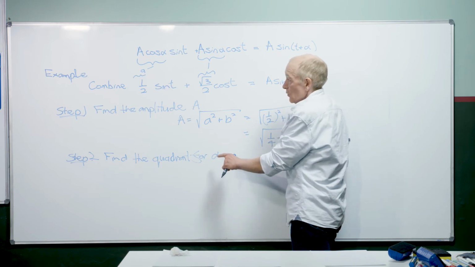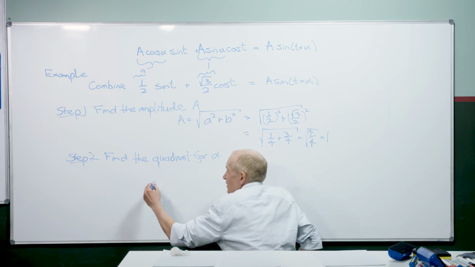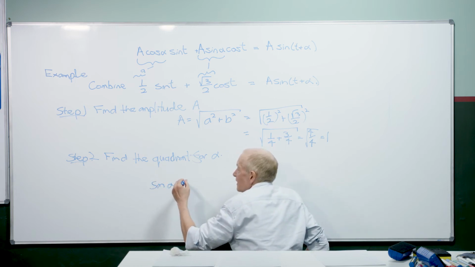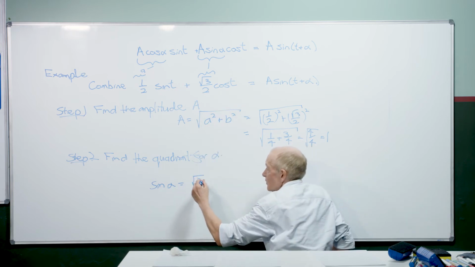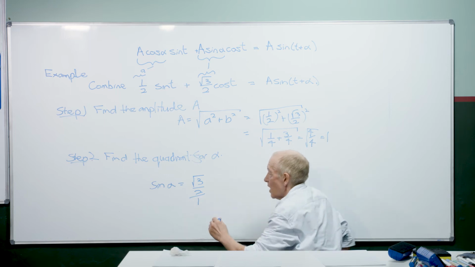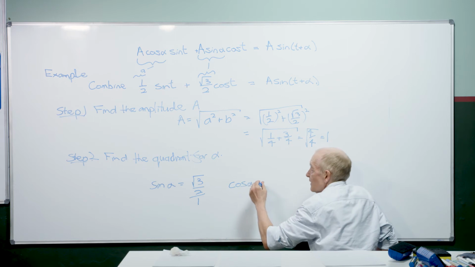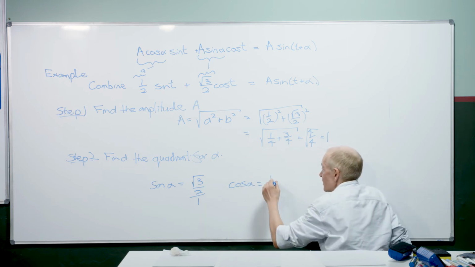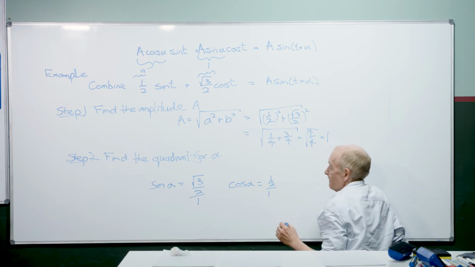Okay, so to find alpha, we know that sine of alpha is the thing in front of the cos, that's root 3 on 2, divided by the amplitude, which is 1. And cos of alpha is the thing in front of the sine, which is a half, divided by the amplitude, which is 1.